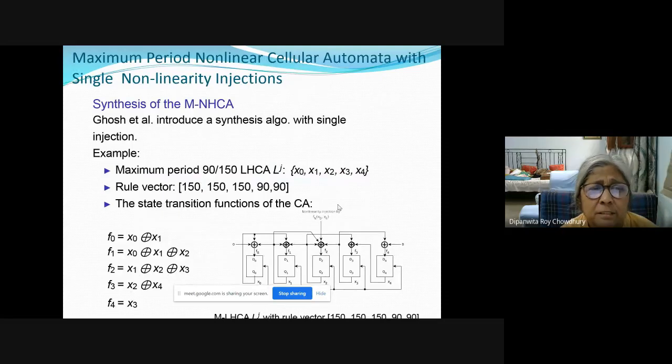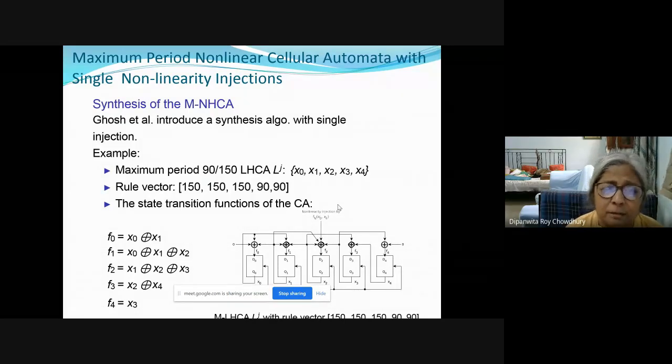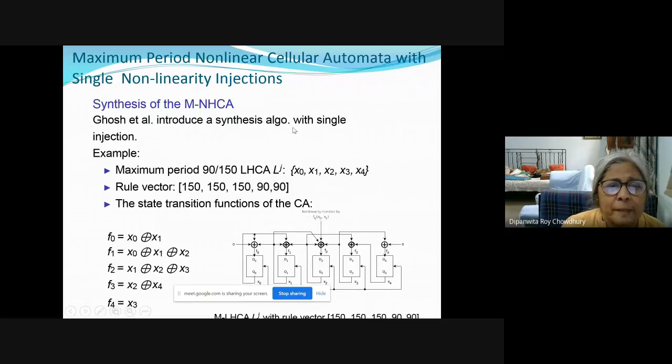Okay, so maximum period nonlinear cellular automata, with single nonlinearity injection, as I was telling. Even if the linear hybrid cellular automata is maximum period, it will not necessarily avoid the attack. I'm giving one example, a multiple maximum period nonlinear hybrid cellular automata.